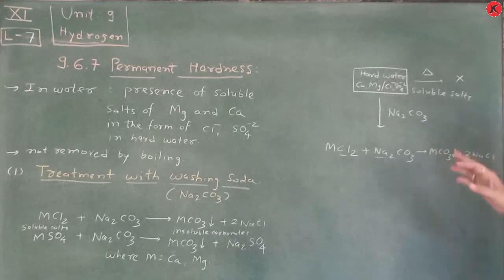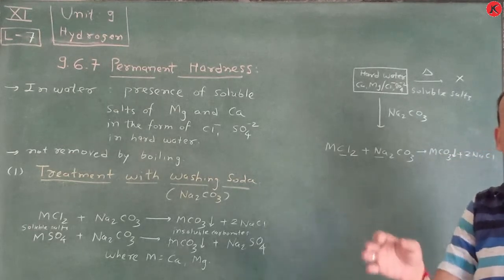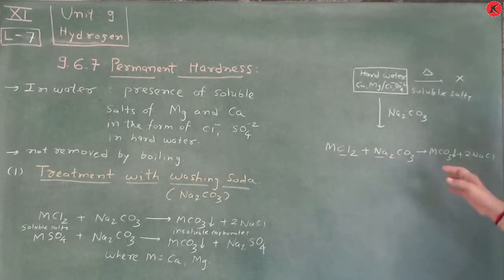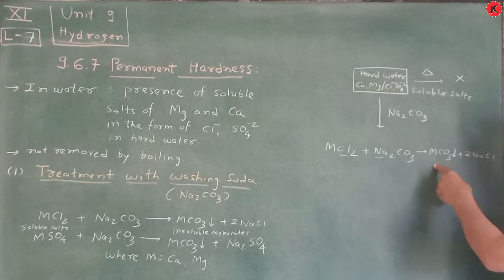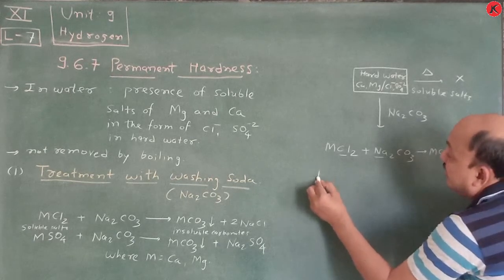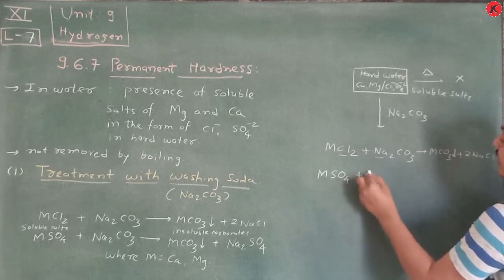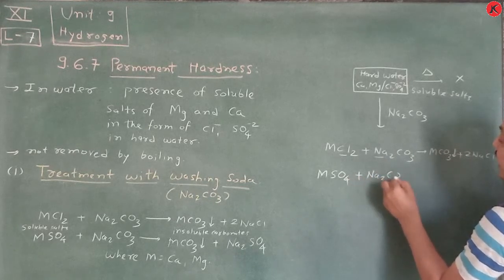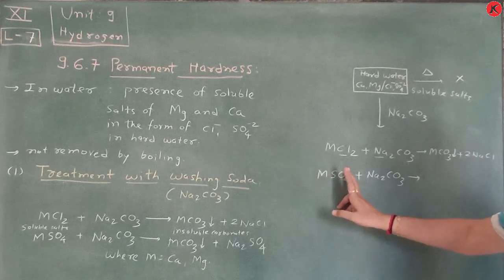Here the insoluble part we have to remove. Remember, the insoluble part is removed by the simple filtration method. So whatever the simple filtration method is, due to that this insoluble part is removed. In the same way, suppose this salt is in the form of sulfate, then with Na2CO3, you have to ionize into Na plus, SO4 minus 2.